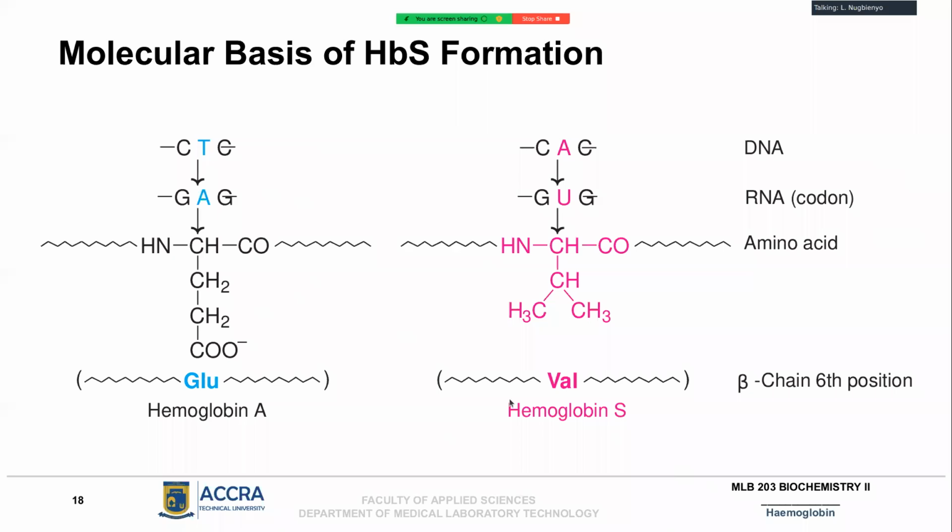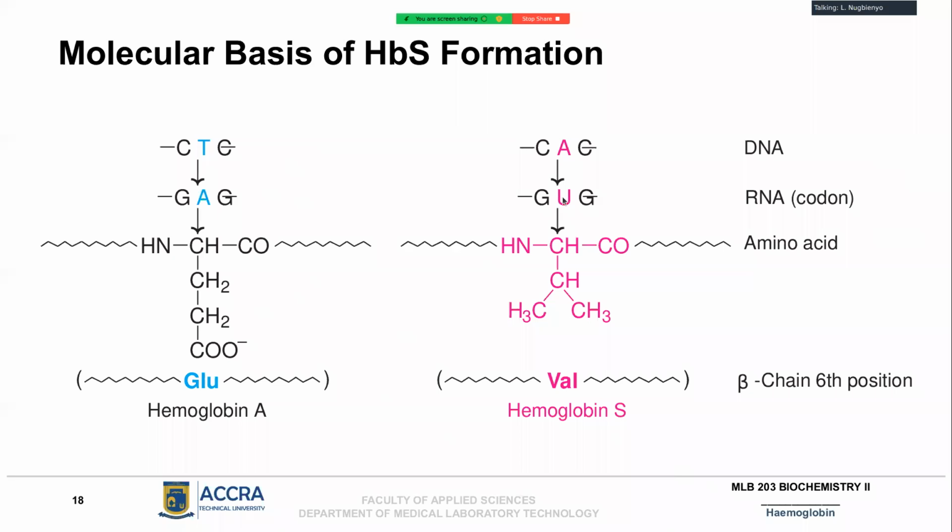Now, the sickle cell hemoglobin, in the DNA, you find that just one of these nucleotides, the thymine here, is replaced by adenine. So instead of this pyrimidine thymine, you now have a purine adenine. And that translates to these on the messenger RNA.